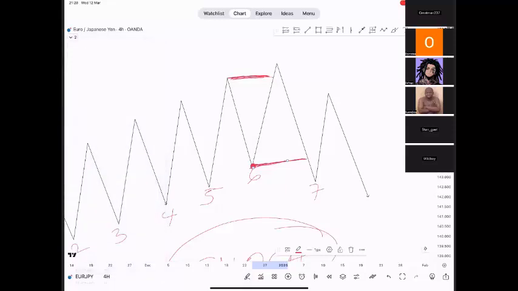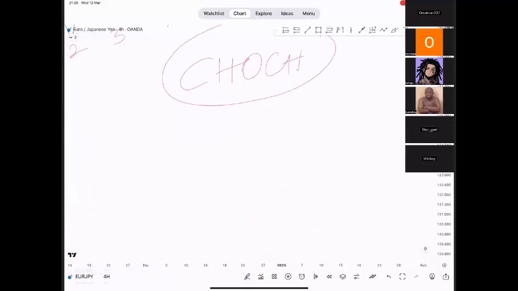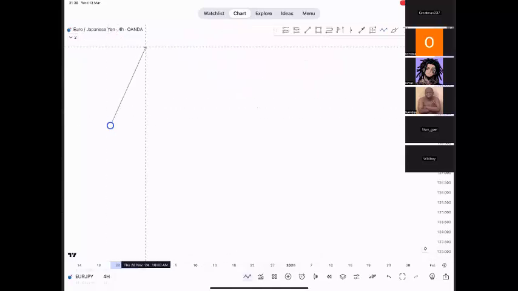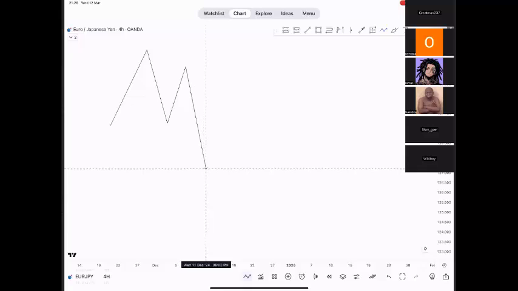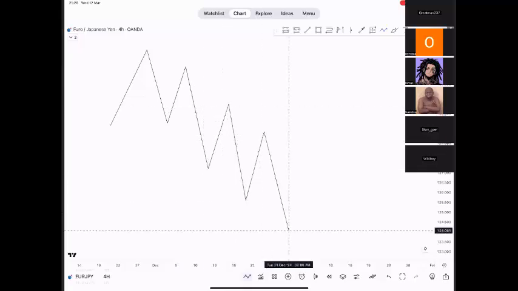In the case of a downtrend, where you have price doing what? Creating a series of what? Lower lows and lower highs.